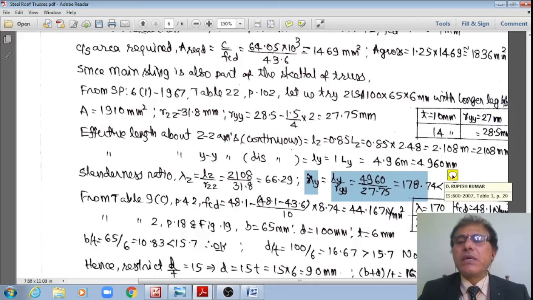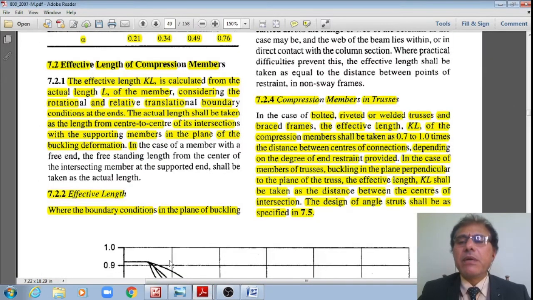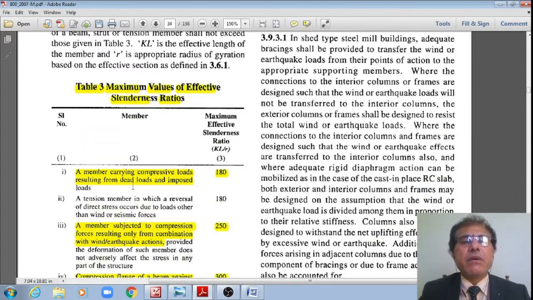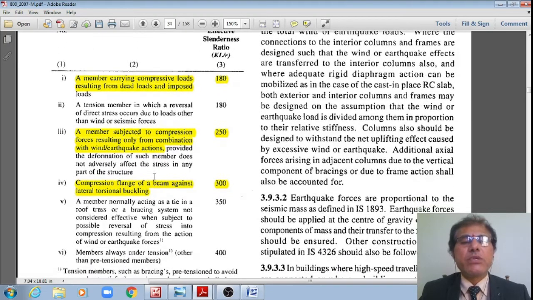However, if I go to this table 3, page number 20, student, yes, in page number 20, this indicates the maximum values of the effective slenderness ratio. However, these loads are inclusive of wind and earthquake.